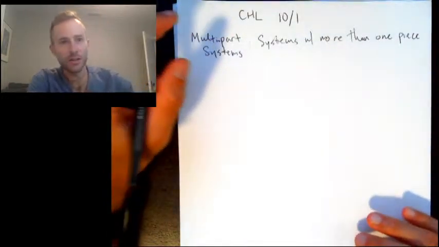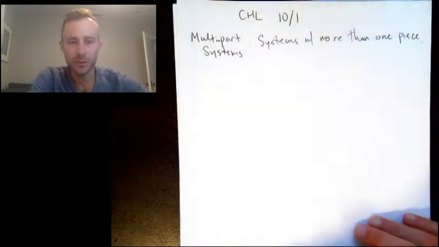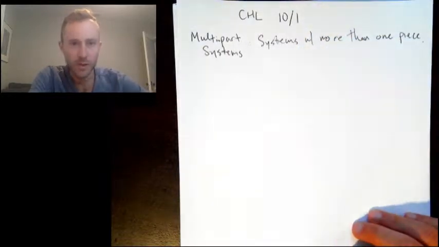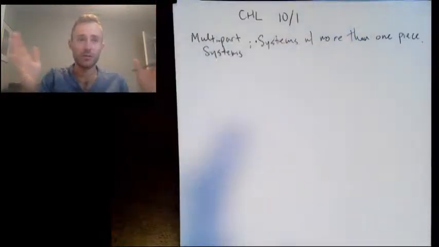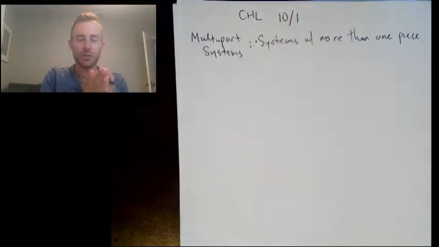And so the key idea with multi-part systems is that anytime you have two objects and they're exerting a force on each other, those forces are related by Newton's third law.